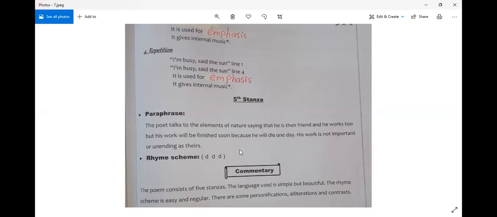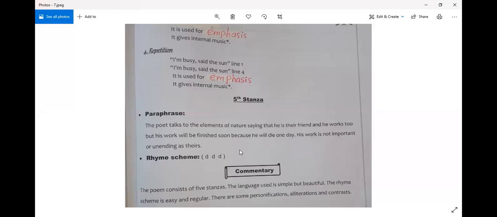His work is not unending as theirs. I mean, his work is limited, but their work is unending. Okay, they will last forever. They, here, I mean the sun, the air, rain, and so on, will last forever working and doing their jobs.